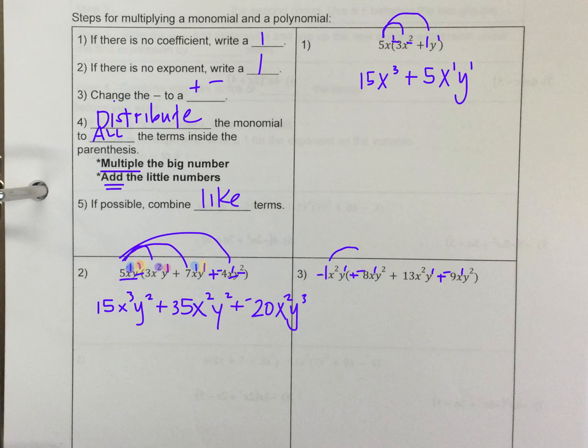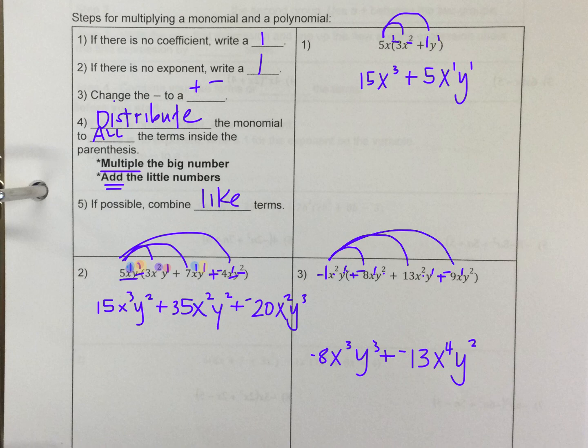So negative 1 times 8 is negative 8. I've got 2 x's and 1x, so that's x to the third. Y, I got 1y and 2y, that's y to the third, plus negative 13, negative 1 times 3. This time I have a 2 and a 2, which gives me x4, and a 1 and a 1, which gives me y2.